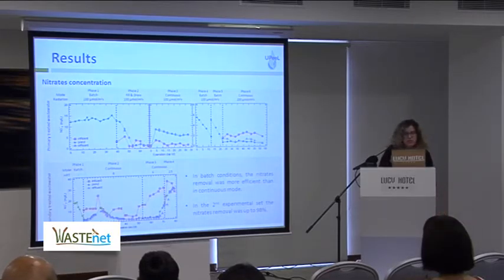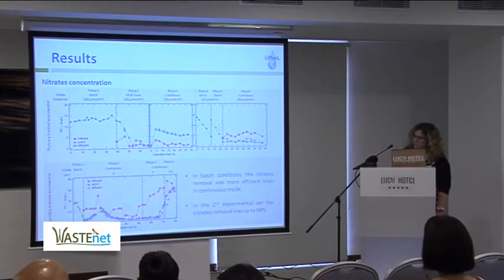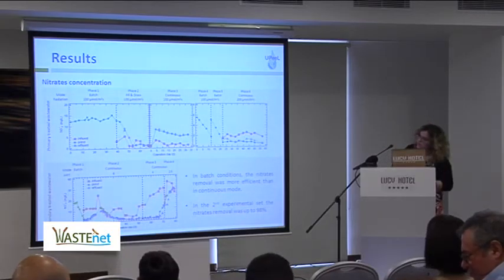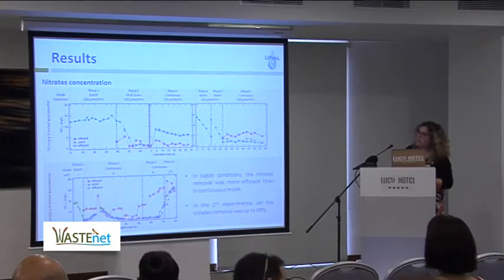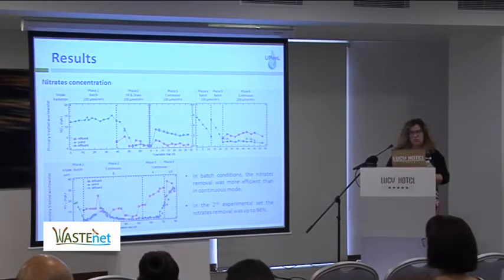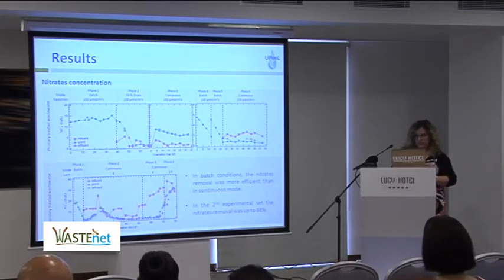And we see that even at high concentrations of nitrates, we have a total removal which was up to 98%. In this phase, we don't have a removal of nitrates because we have a low concentration of phosphates.